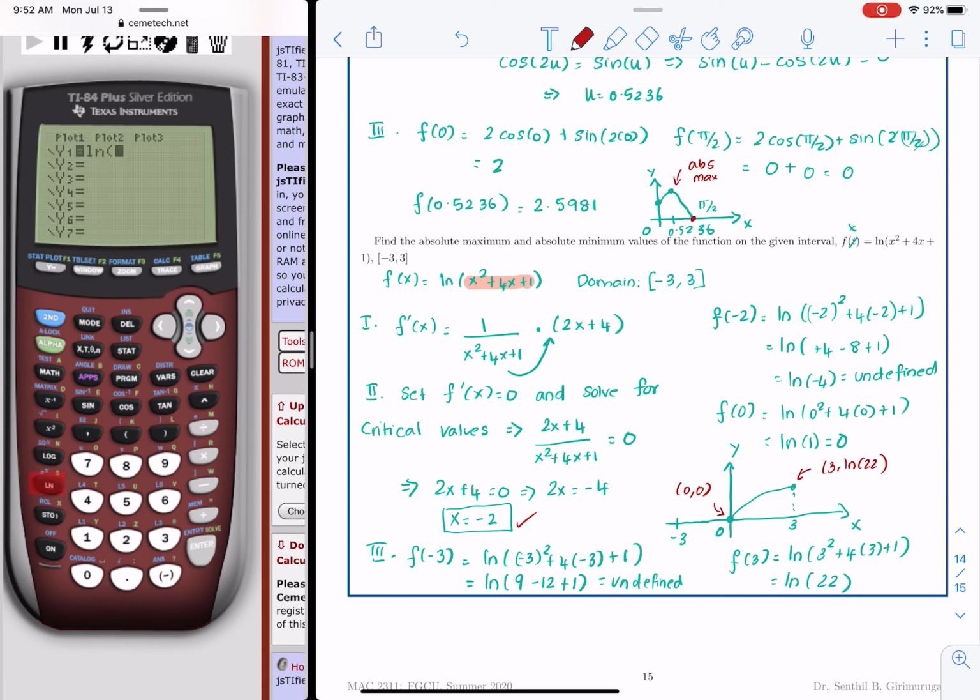So ln of x squared plus 4x plus 1. I'm going to graph it between -3 and +3, and we'll see what happens. Graph. And as you can see, my graph is correct, and as I mentioned, it's just going to go toward -infinity because it is undefined.